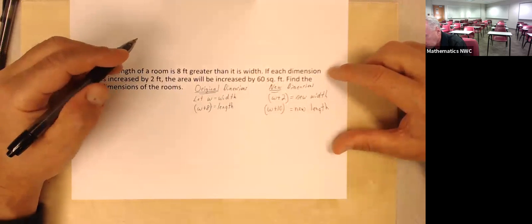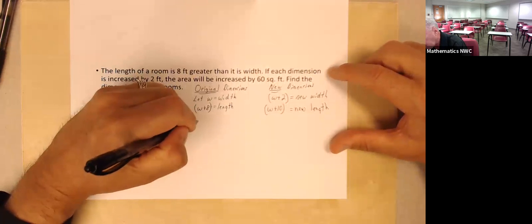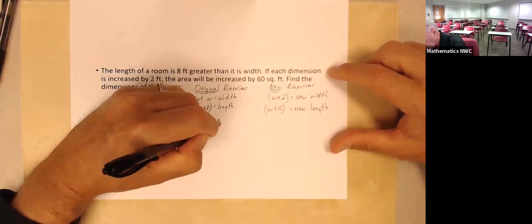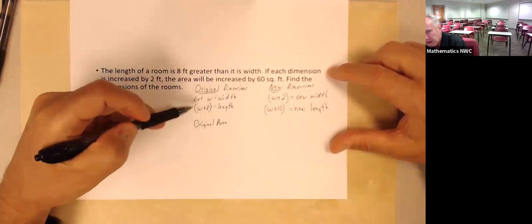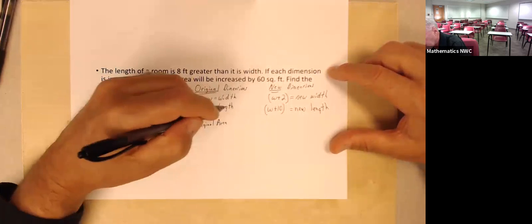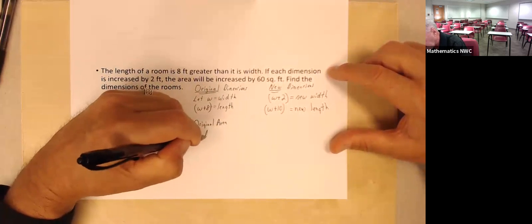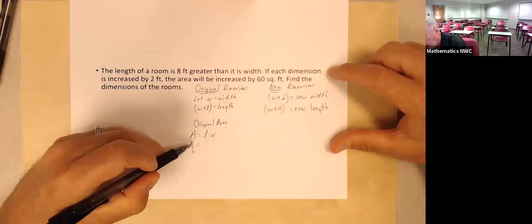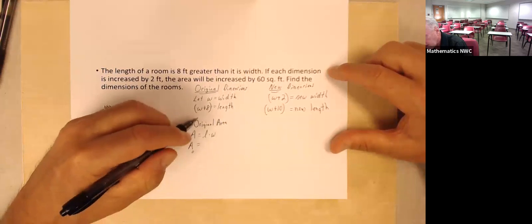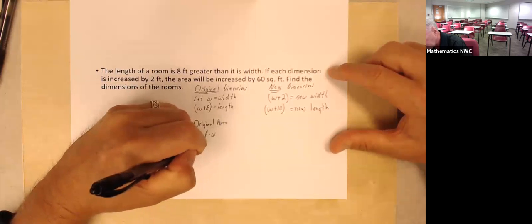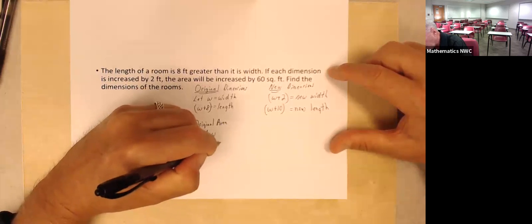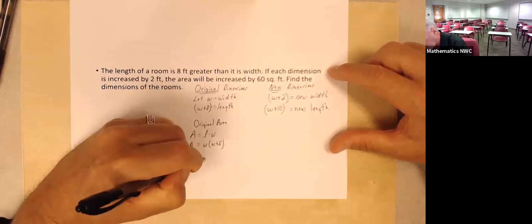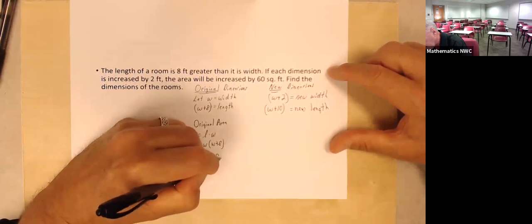Okay, well, what was the original area here? From these dimensions, my original area is going to be length times width. So that original area, A sub 0, will be W times W plus 8, which is W squared plus 8W.